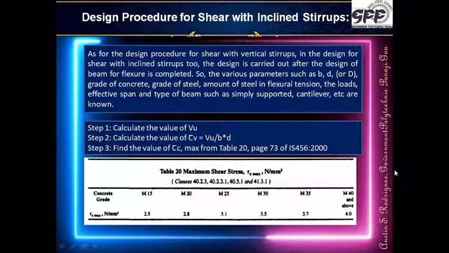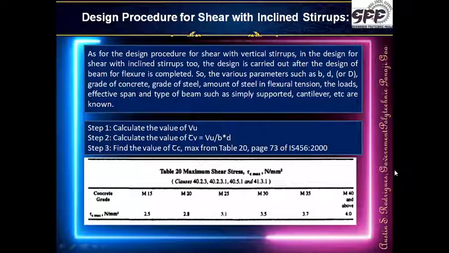It can be termed as ultimate shear force or the ultimate reaction, because we have seen that the shear force is maximum at the support. So that reaction V multiplied by the load factor, which is 1.5, gives us Vu.